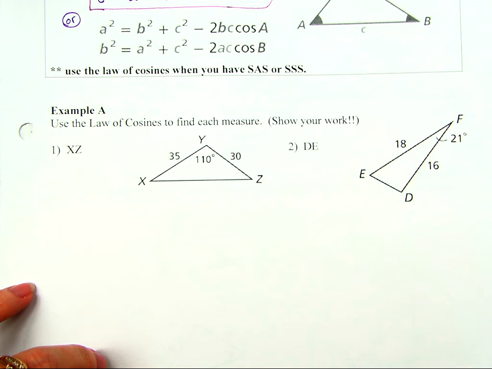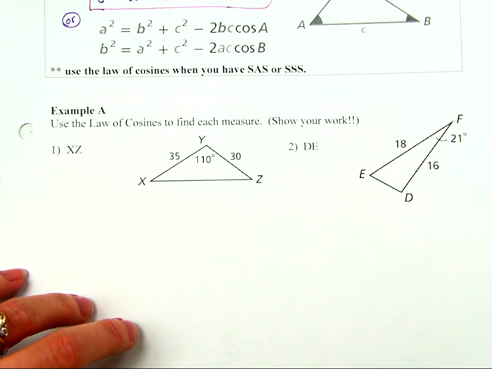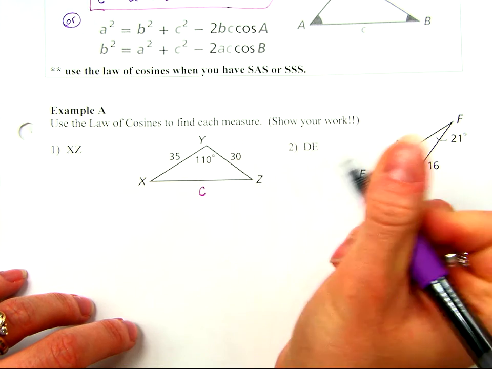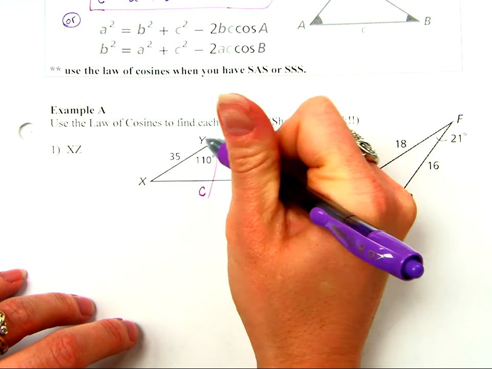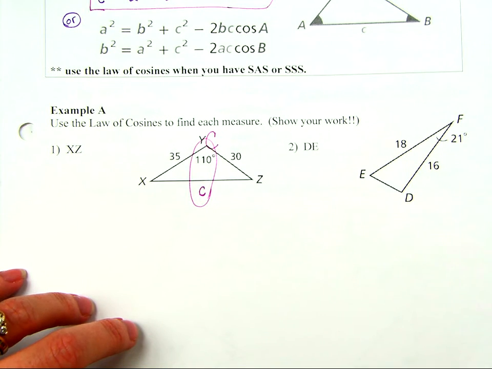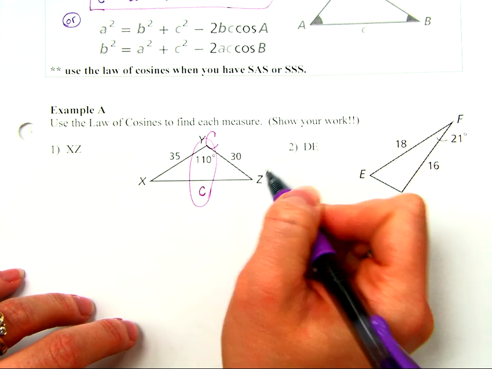Now, really, I could label side xz as A, B, C, or even x. But typically, if I'm finding a missing side, and I'm going to use the law of cosines, that becomes my side C, which means across from it, this would be my angle C. Now, as far as A and B goes, it doesn't matter which one is A or which one is B.